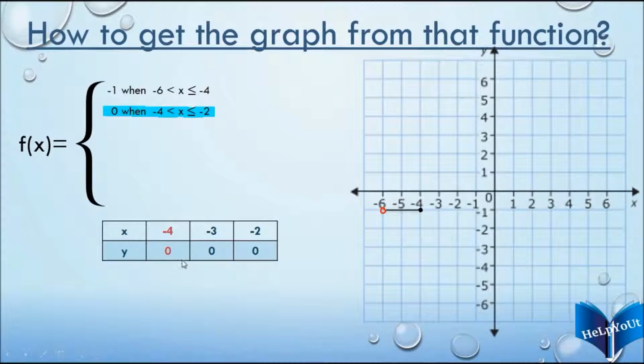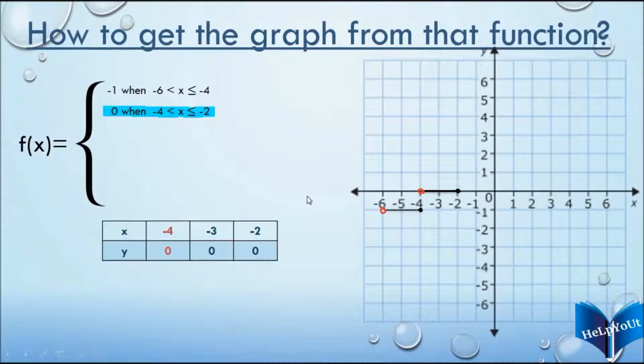This will not be included here, so we'll draw an open circle here at (-4, 0). For the next part, we get this line, (-3, 0) will be here and (-2, 0) will be here. Here -2 is included because the equality sign was here. So we put a closed circle here at (-2, 0).